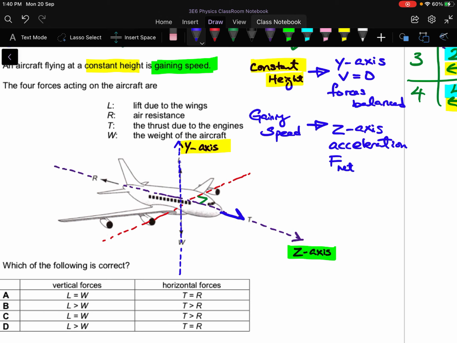And for our plane, there are 2 forces on the z-axis, which are your T, thrust, and your air resistance R. So in this case, we would know that your T must be larger than your R in order for the net force to be in this direction.